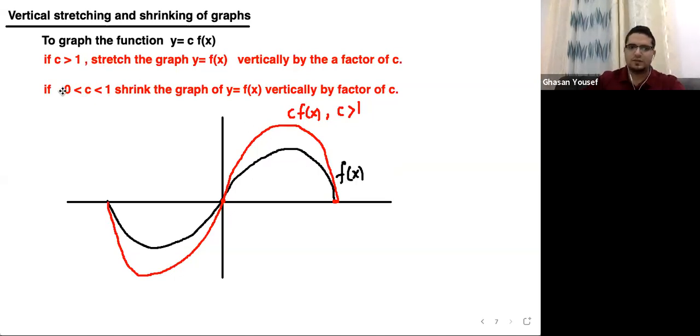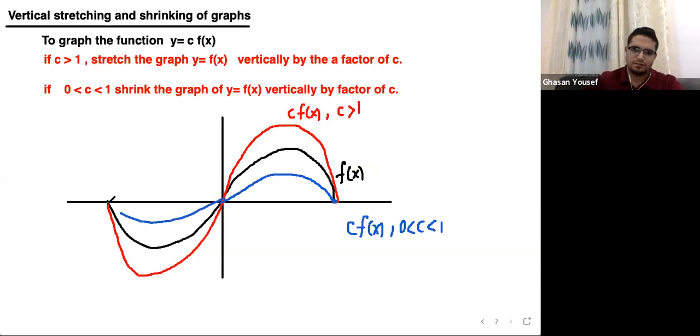Now, the second one: if c is between 0 and 1, for example 1/2, to graph the function c times f of x, the graph should be shrinking, like this. Again, it depends on the value of c.